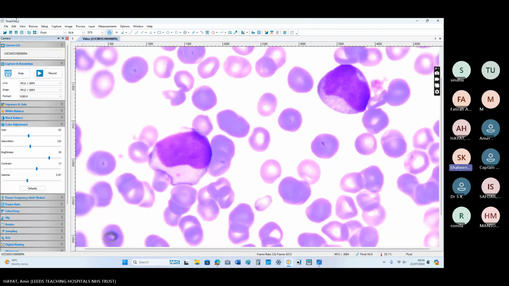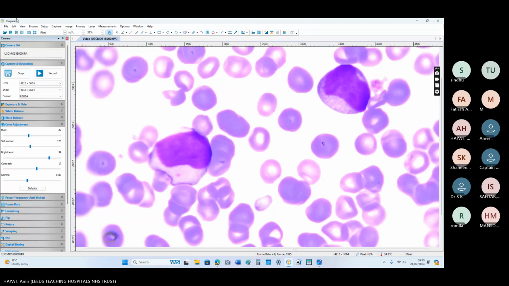Most probably it's acute leukemia, and I would advise bone marrow aspirate, flow cytometry, cytogenetics and molecular panel. Okay, yes, I agree with the blood film reporting.